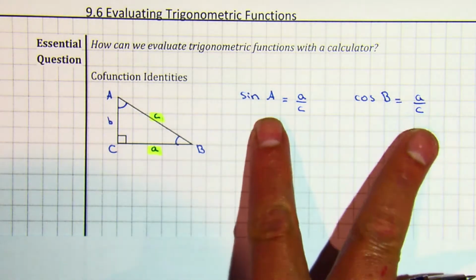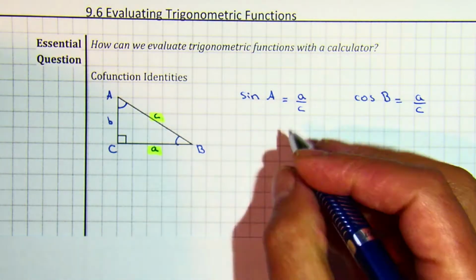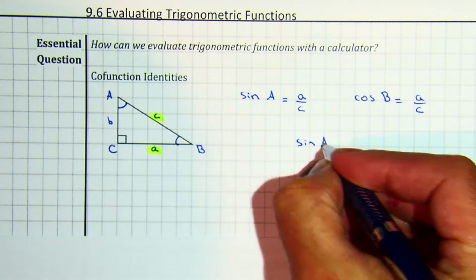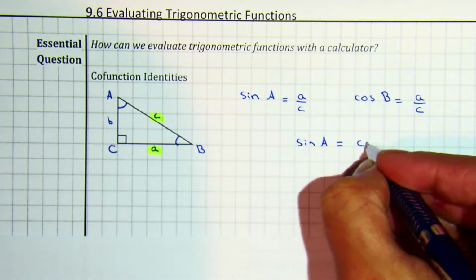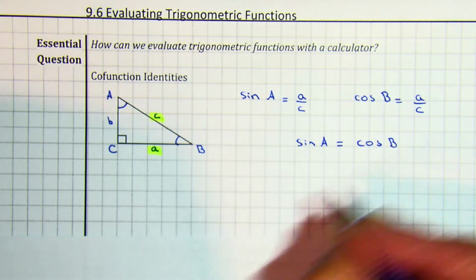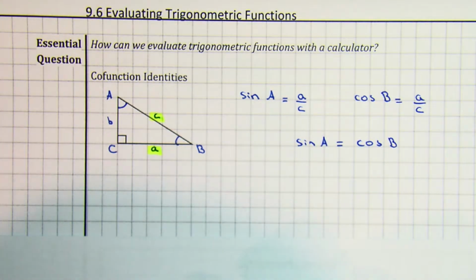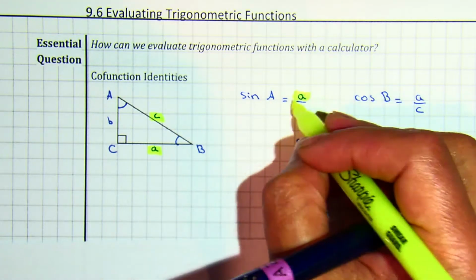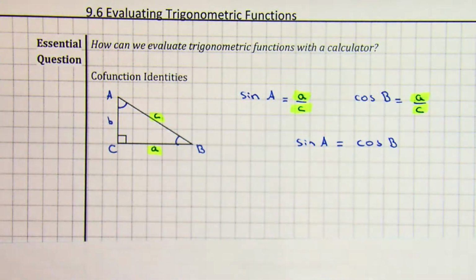Since they both are equal to A over C, that means that the sine of A must be equal to the cosine of B. Do you agree? Since they're both equal to A over C, they must be equal to each other.